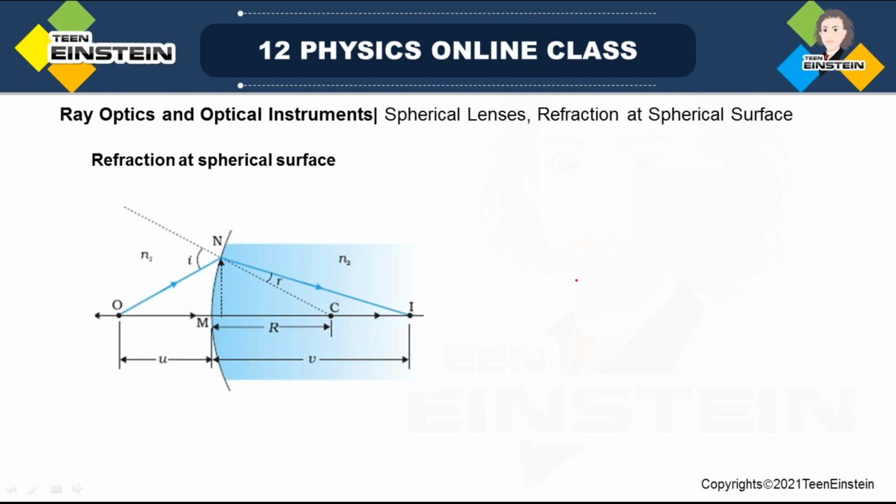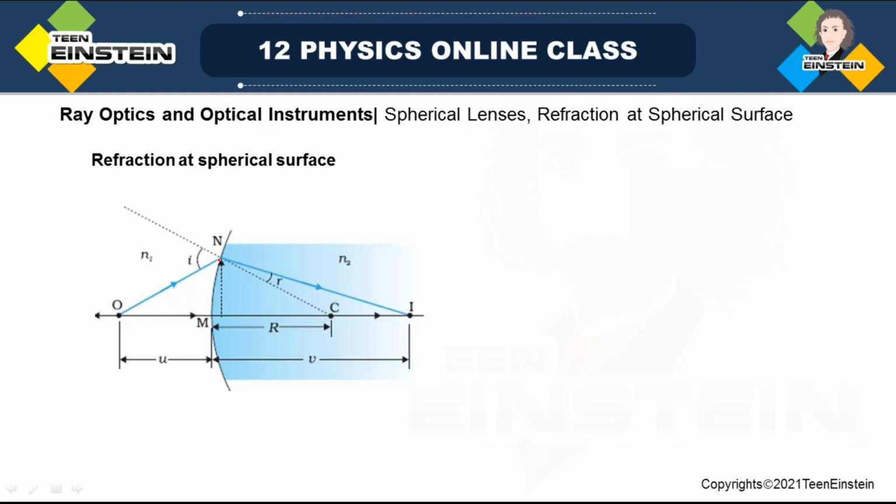So here we have taken the aperture to be very, very small, so that the rays which are coming will be paraxial rays. And in that case, if this aperture is small, then MN can be taken as a straight line, perpendicular to the principal axis.